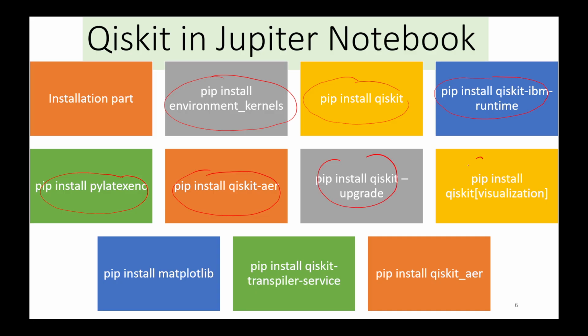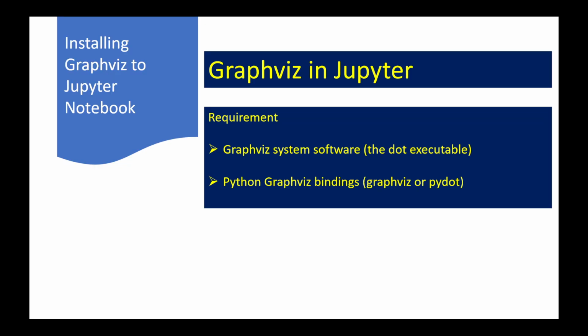Now our agenda is to design a DAG graph for any quantum circuit. We are using Graphviz in a Jupyter notebook. The essential requirement is the Graphviz binding, which is also required on the local platform, that is Jupyter.